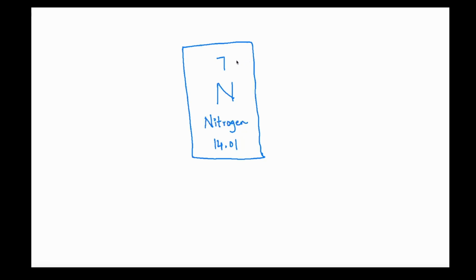The first number, which is written on the top, is always a whole number. This is actually the atomic number of the element, also designated by the letter Z. This number gives us the total number of protons present in that atom.